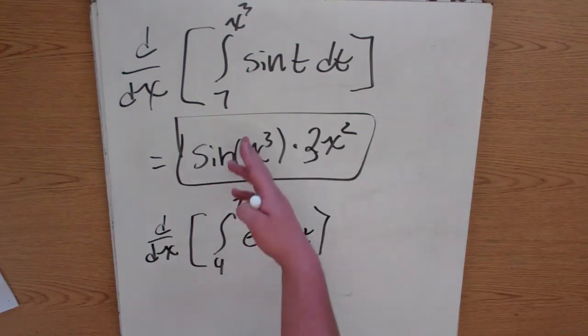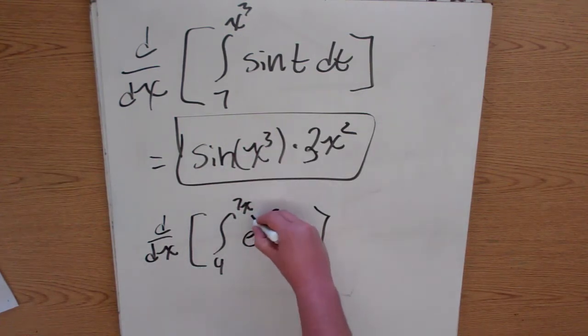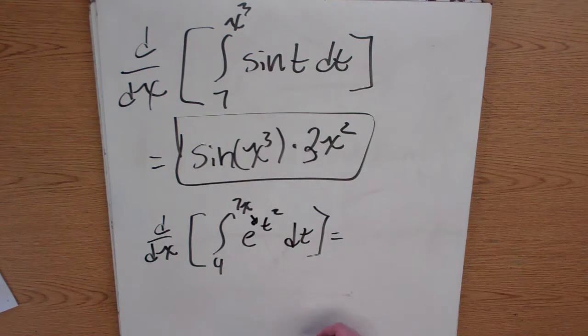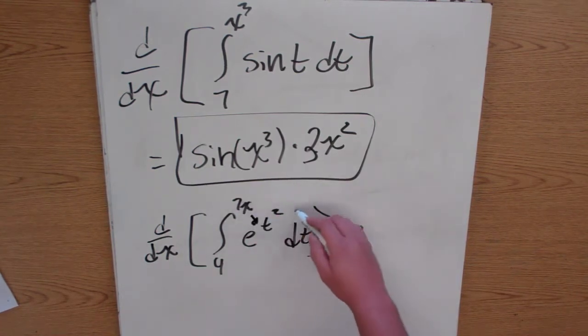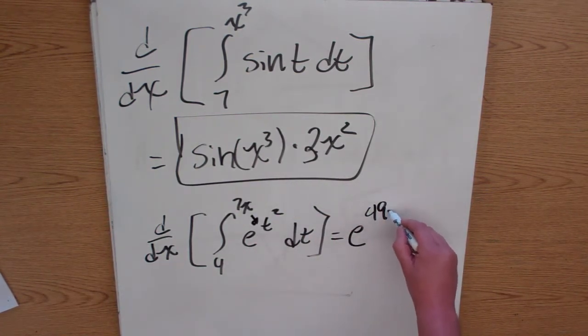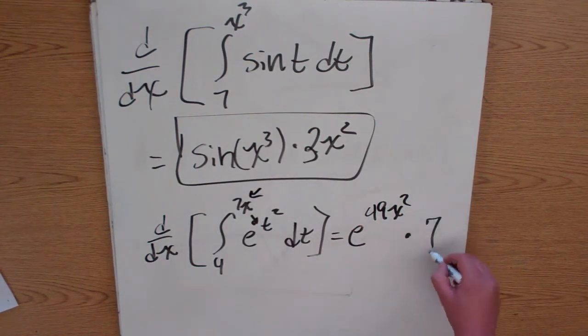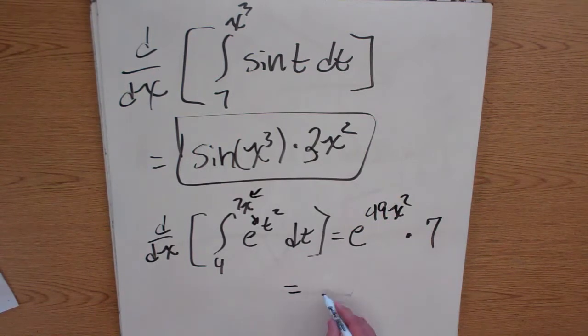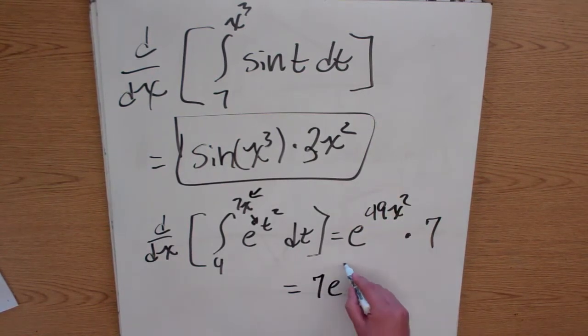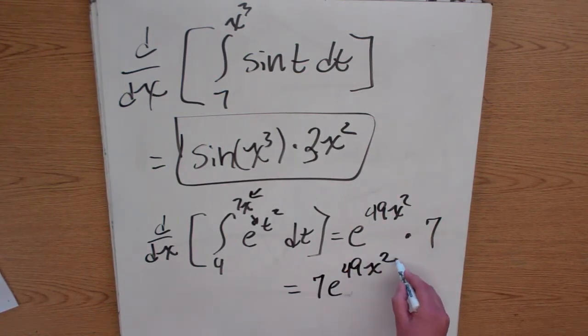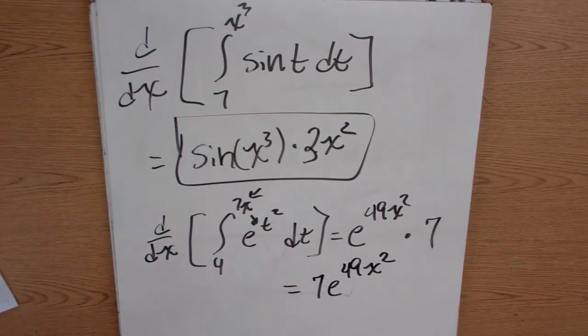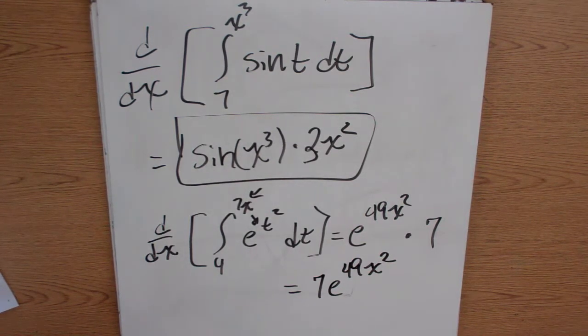Again, this works just like it did. You sub this in, so we're going to have e to the (7x) squared, which is 49x squared, times the derivative of 7x, which is 7. So you can combine all that down to 7e raised to 49x squared.